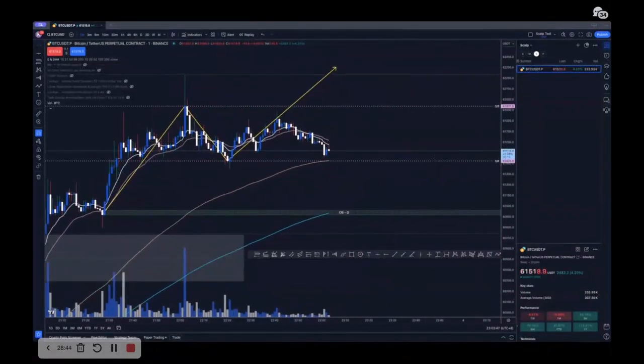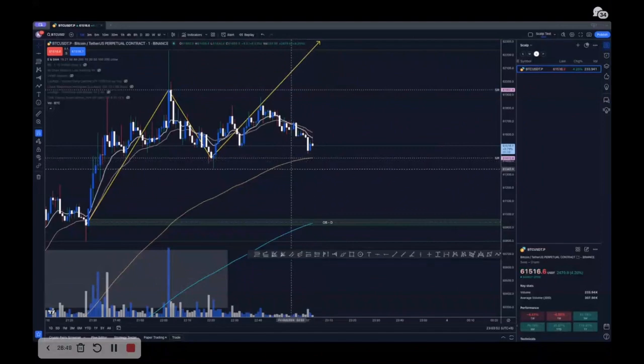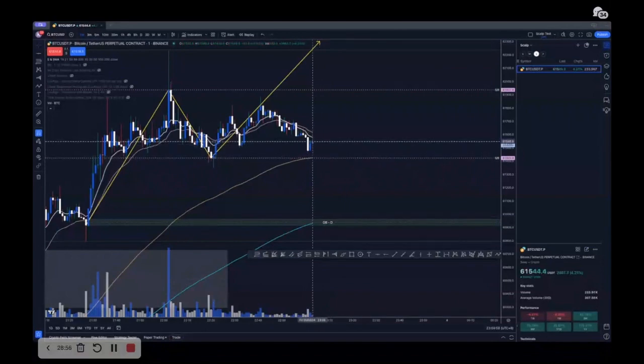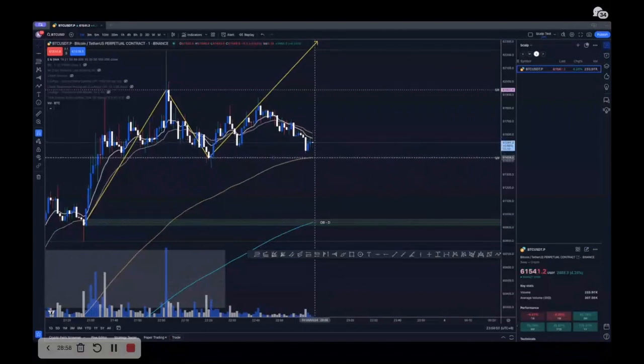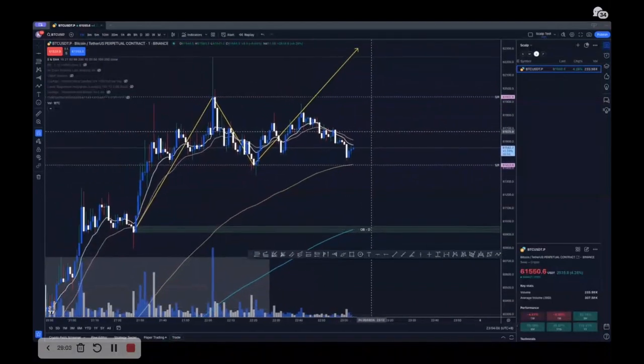You see how we have the EMA 100 sitting exactly at the swing low to work as a potential support. So even if the price were to come down here, we have many reasons to believe that it'll rebound. So this could potentially be that case. We'll see how it goes.